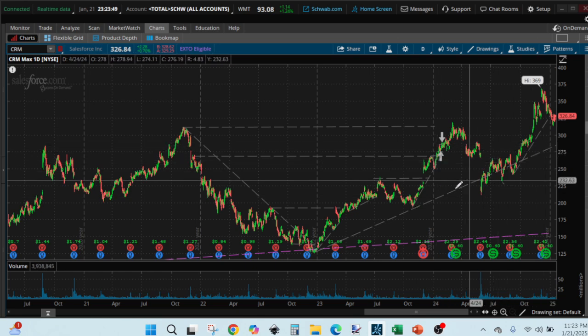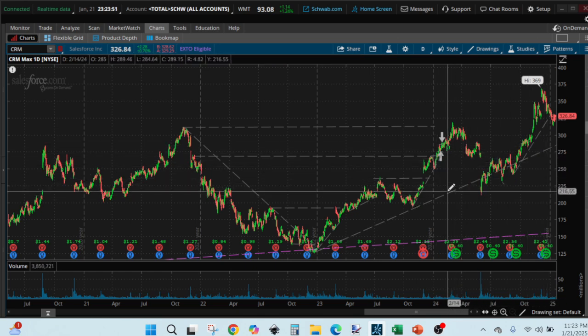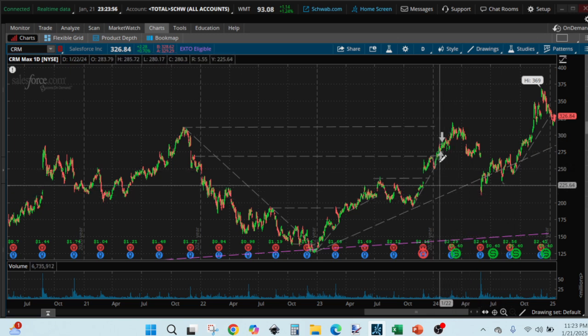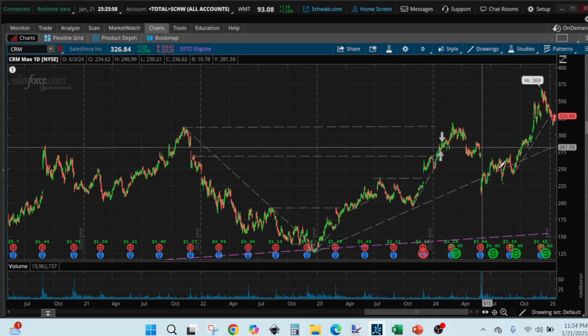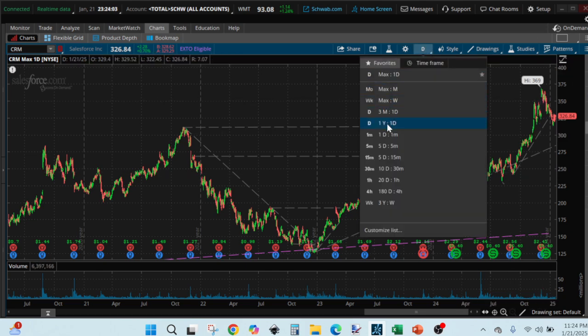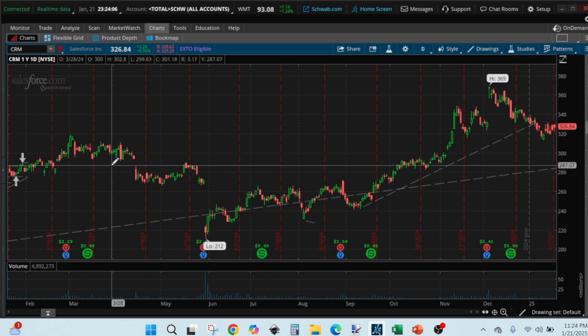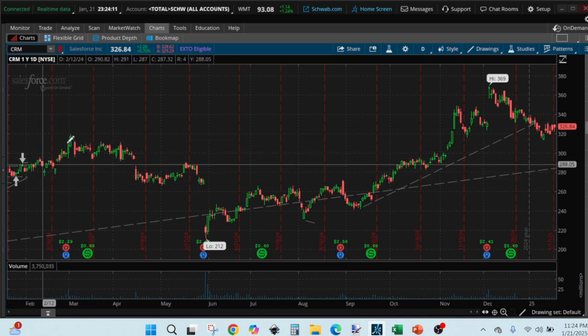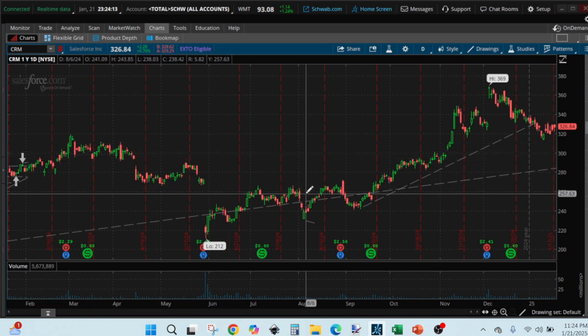which is here, and it does not really show the mountain look well when it's showing you a part of the mountain and the descent and another part on 1 year daily chart. But the feel is just different when you are looking at maximum daily chart and 1 year daily chart.